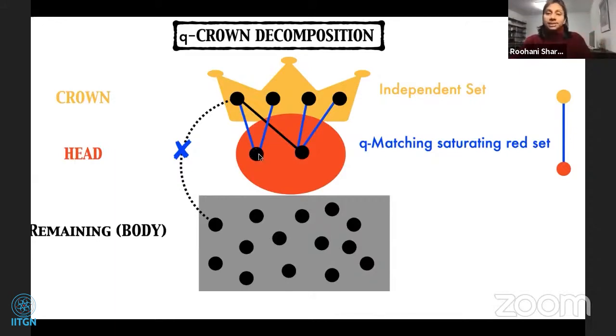For example, in this example, we want that every vertex of red has two distinct matched vertices in the crown part. And this is true for every vertex of red. So this vertex has two distinct neighbors in the crown. Then this vertex has two neighbors in the crown, disjoint from the neighbors of the previous red vertex, and so on.